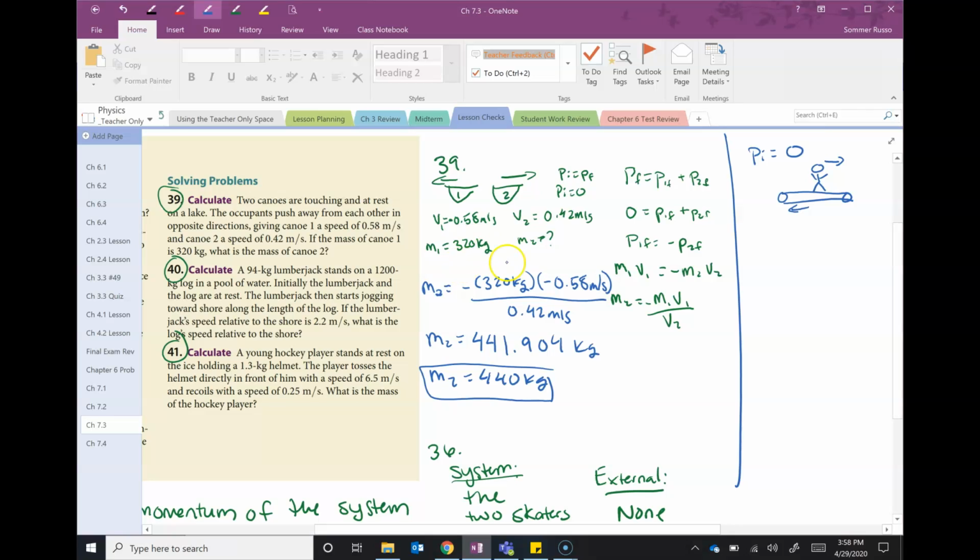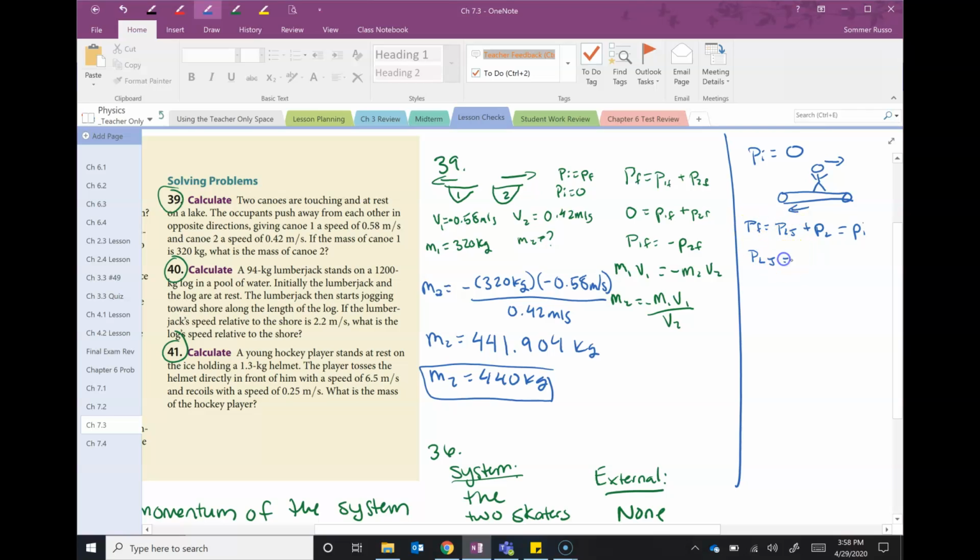If we go ahead and build the same equation we saw before, I'm going to look at the fact that my final momentum is going to equal the momentum of the lumberjack plus the momentum of the log, and we set this equal to our initial momentum.